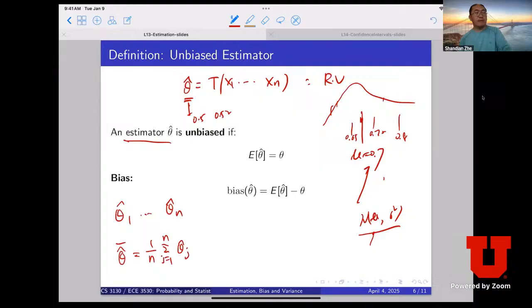If my estimator is unbiased, my average will also be unbiased, right? Why? If each of my estimators is unbiased, meaning that their expectation is exactly the same as the ground truth parameter theta, and when I average them, what is my expectation?